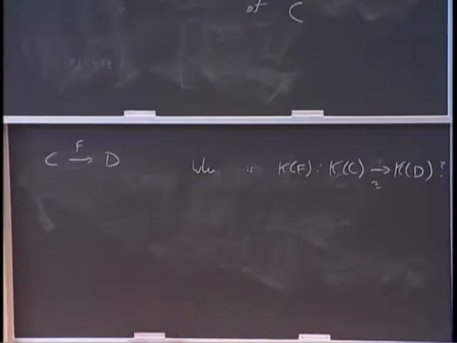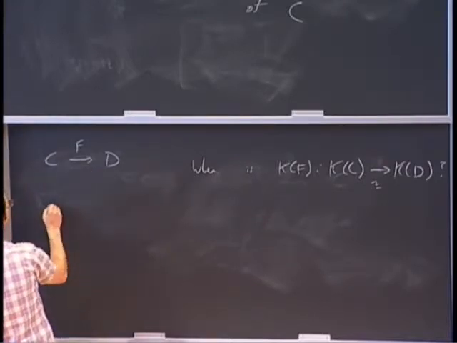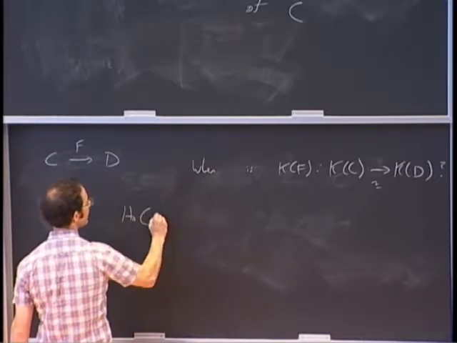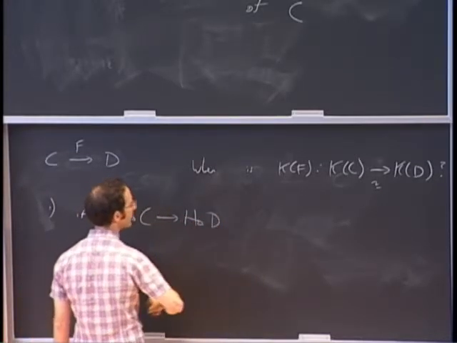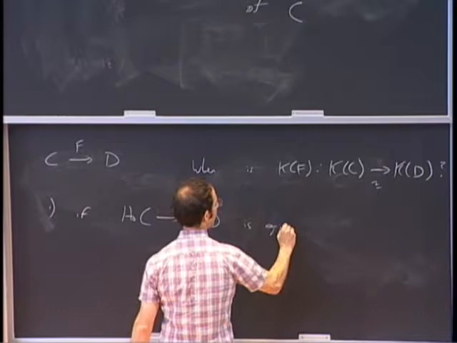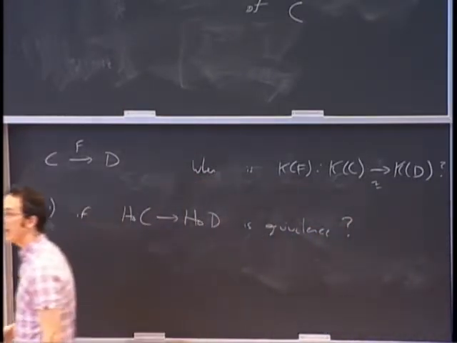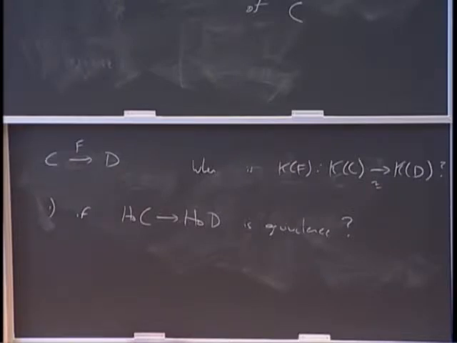And one thing you might hope, the most naive hope, perhaps, is that if ho C to ho D is an equivalence. And there's a weaker form of this, which is to ask, supposing I have two Waldhausen categories with abstractly isomorphic or abstractly equivalent homotopy categories, do they have the same K-theory?